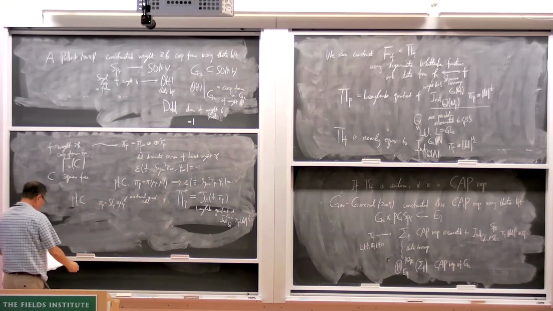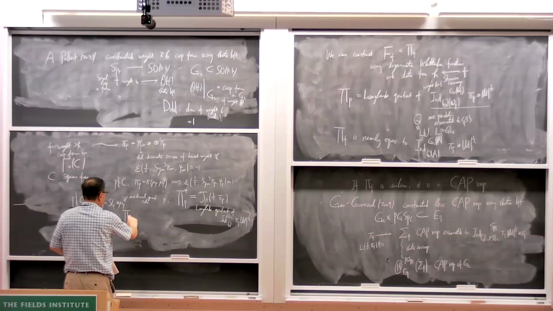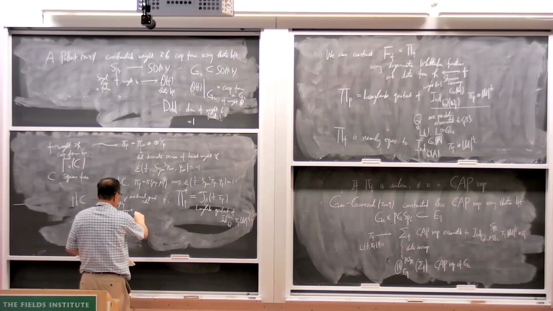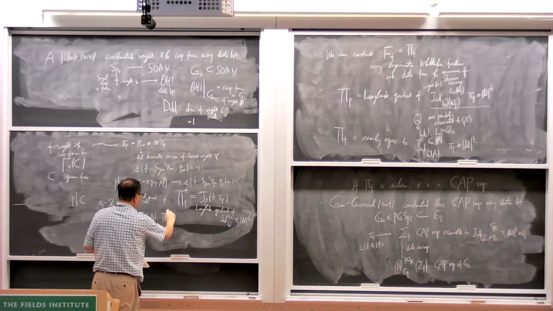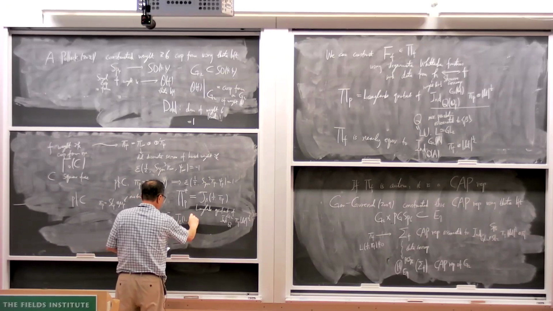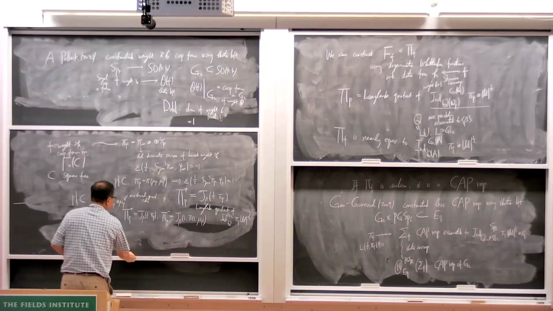So in this case, in the orthopacket, pi_p plus is the Langlands quotient, and pi_p minus is the Langlands quotient of 1 and the Steinberg.